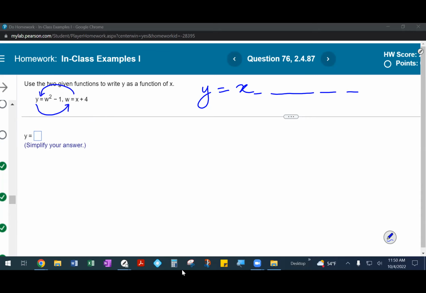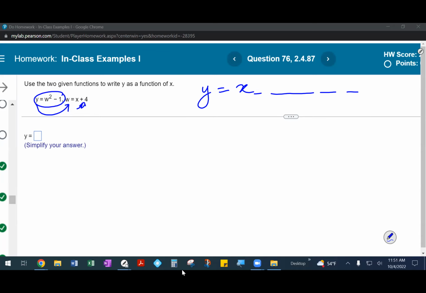If you're going to put y inside the w, how would this substitution happen? How would we have to rewrite this so that you can put it into this function here? You're given y equals w squared minus 1.